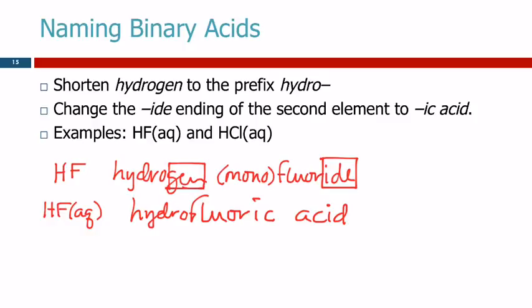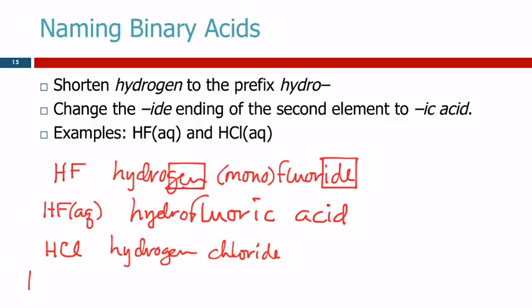So let's look at HCl. How would we name that as a binary molecular compound? Hydrogen chloride or hydrogen monochloride. So that would be hydrogen chloride, the name of the first element, the name of the second element with the ending changed to ide, hydrogen chloride.